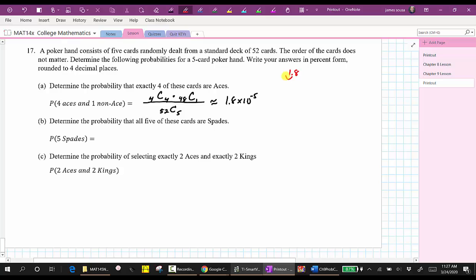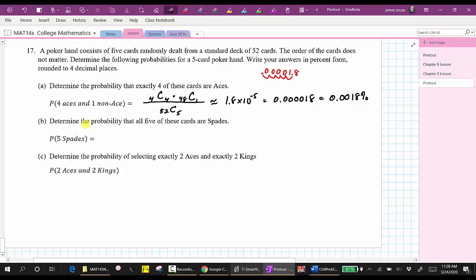So 1, 2, 3, 4, 5. Fill in the missing digits with zeros, which gives us 0.000018, which as a percentage is 0.0018%. Notice how it's very unlikely you would get 4 aces in a 5-card poker hand.